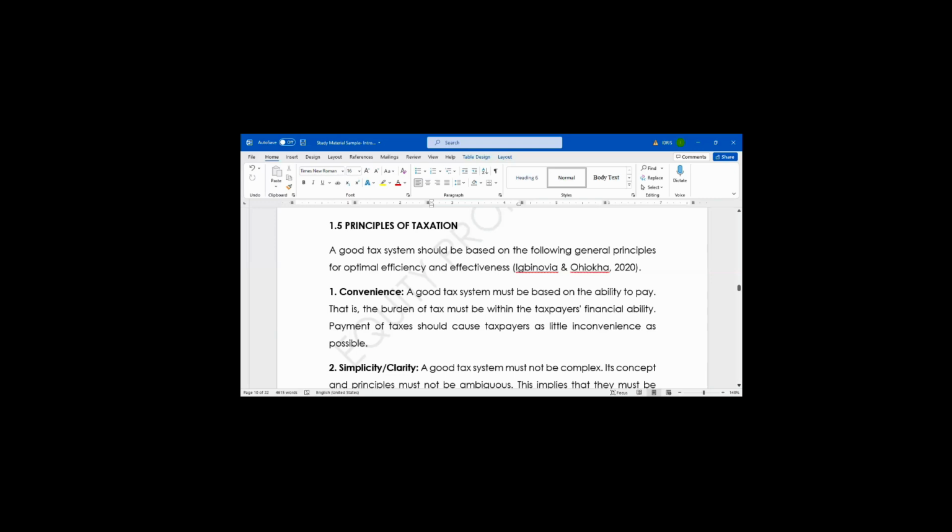Tax should be collected after the end of the transaction. Take, for instance, personal income tax. When does a company pay personal income tax?